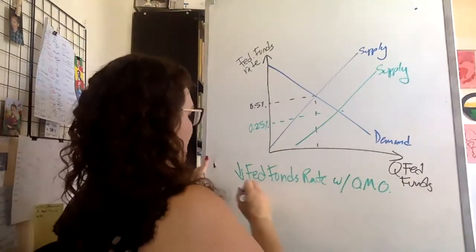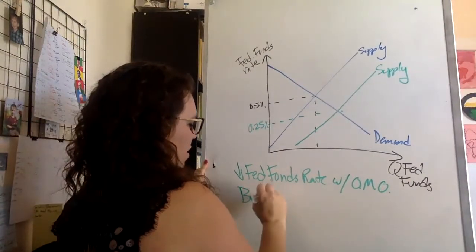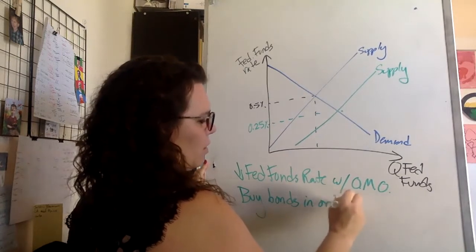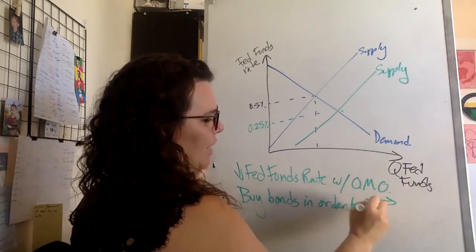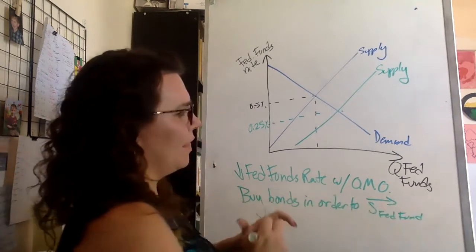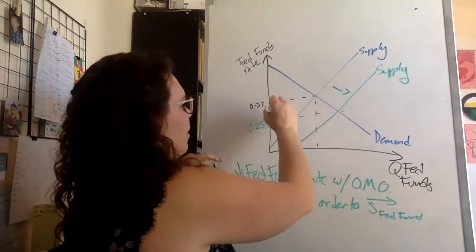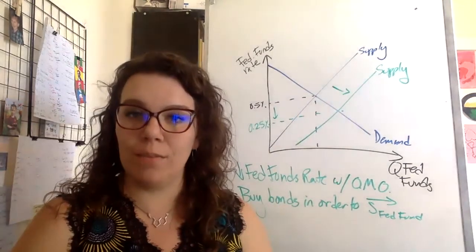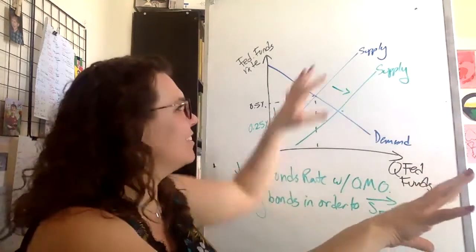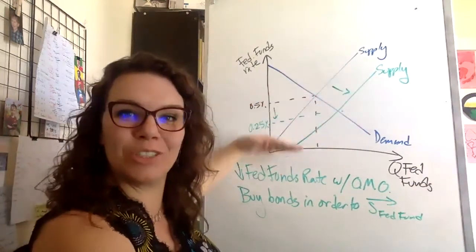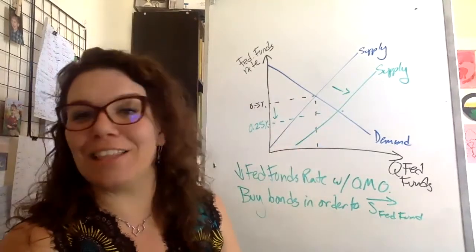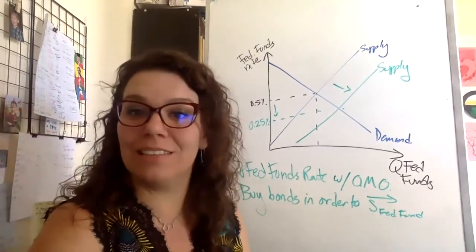So we want to buy bonds in order to shift out the supply of federal funds. That's going to have the effect of lowering the federal funds rate. Okay? So buy bonds, cash goes out, supply of money goes out, interest rates go down, the economy speeds up. It's like pushing the gas in the car of the economy. Okay? Hopefully that makes sense.